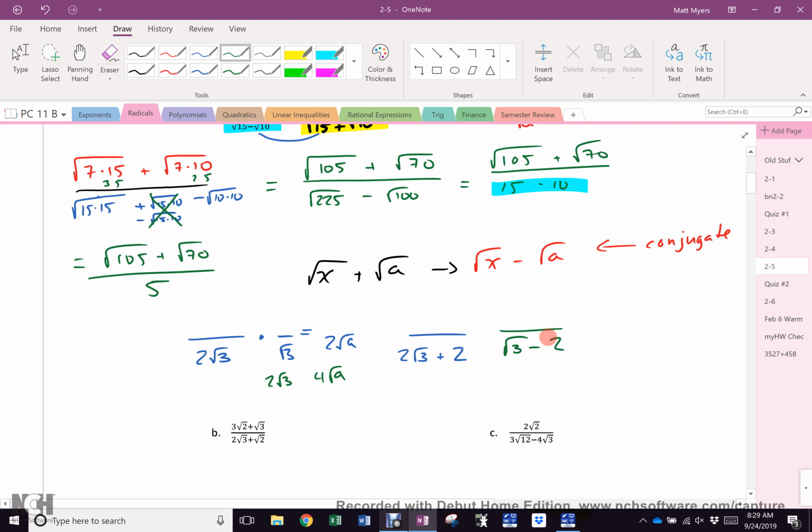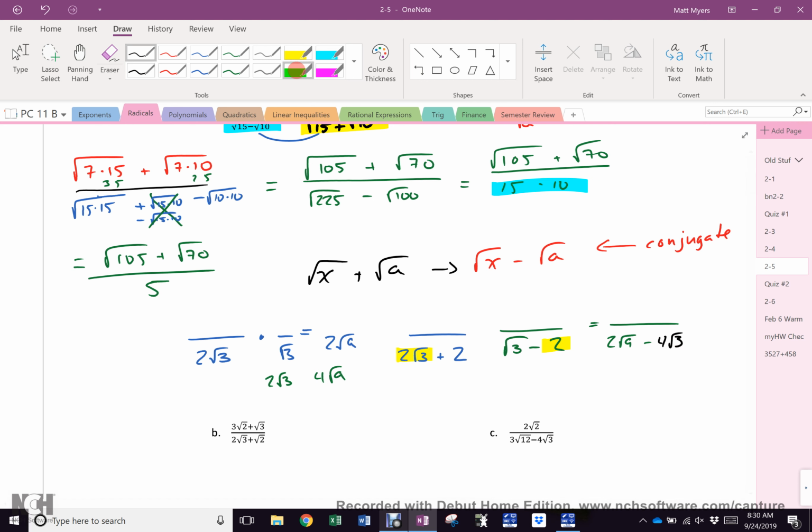Let's check. What's 2 times root 3? Or 2 root 3 times root 3? 2 root 9, right? Okay, and then minus, what's going to happen here? When I go from there to there, what am I going to get? Minus 4 root 3, right?